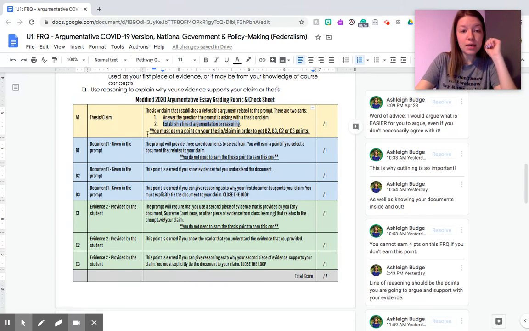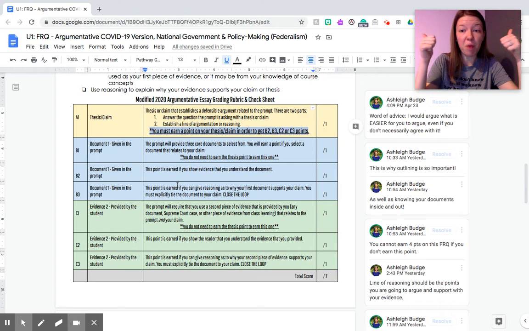And if you see here, you have to earn this point in order to earn the 4 other points available to you, okay? So if you do not get your claim, you cannot earn the point for the document, the evidence you provide. You cannot earn the reasoning point.